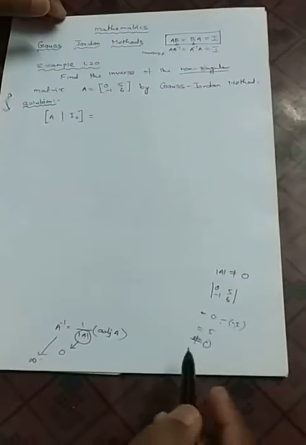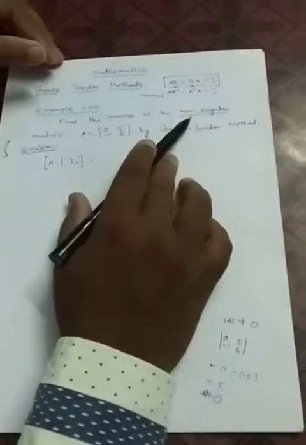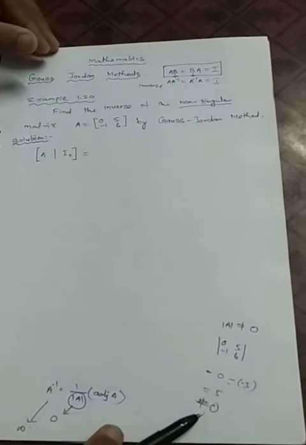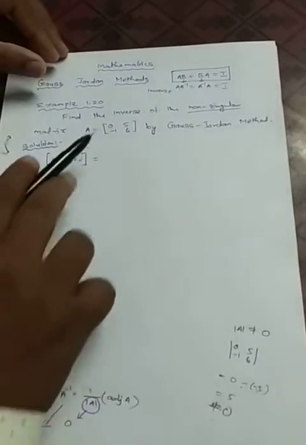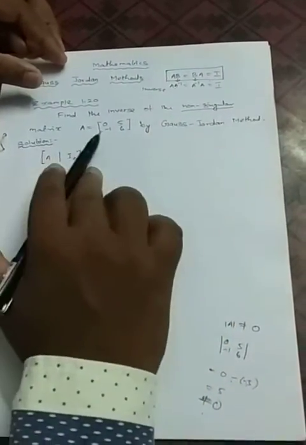For that reason they are saying it should be non-singular, that is, the determinant should be non-zero. If its value is non-zero, then that matrix you call a non-singular matrix. That's why they are saying find the inverse of a non-singular matrix.